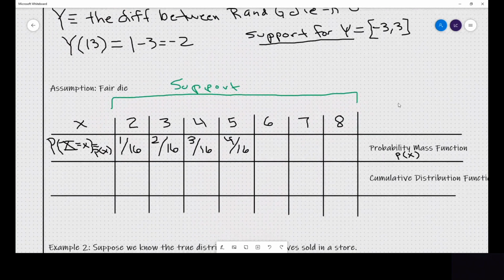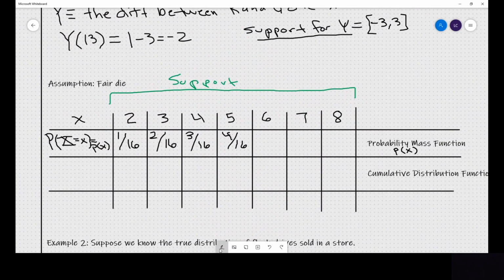Let me move this a little bit. And we have 3 of these. So it starts going back down after 5, because there's 5 in each one of them. And then only 2 7s and only 1 8. And so if we recall from our probability classes, if I have all of the numbers I could possibly have here for the support, then these probabilities have to add up to 1.